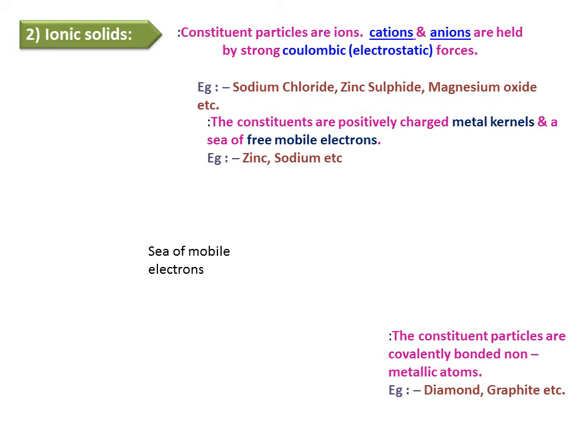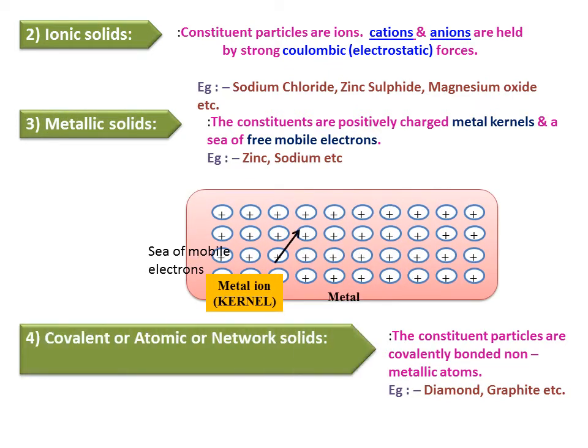Examples: sodium chloride, zinc sulfide, magnesium oxide, etc. Ionic solids are made up of cations and anions, and therefore the intermolecular forces must be Coulombic or electrostatic forces.